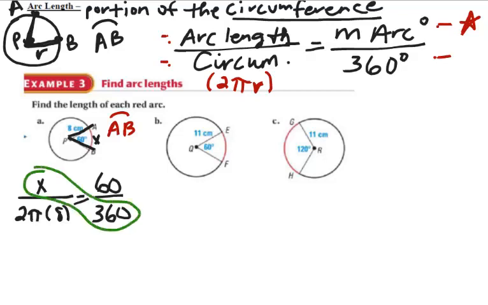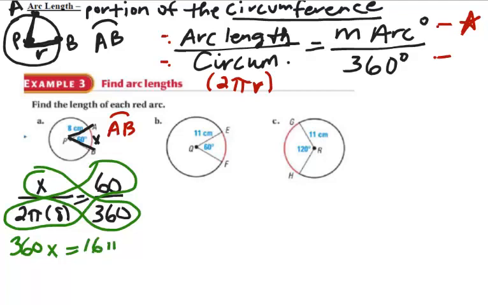X times 360 is going to equal 360x, which is going to equal 60 times 2 times pi times 8. If you do that multiplication, I would go ahead and do the 2 times the 8, which would be 16 pi, and then also times the 60.